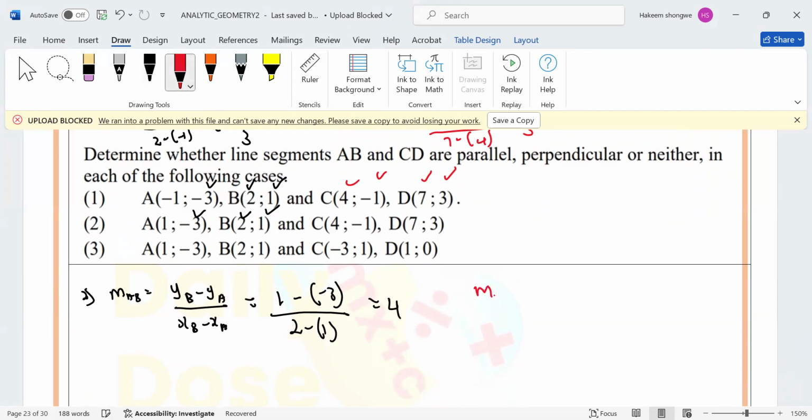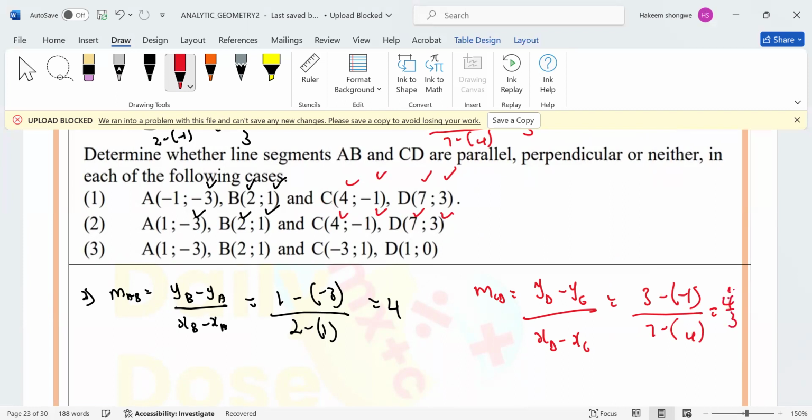Next, M of CD is going to be given by Y at D minus Y at C all over X at D minus X at C. Y at D, 3 minus open bracket, minus 1, close bracket, over 7 minus open bracket, 4. If you type this in your calculator, what you get? It's 4 all over 3. Now we can clearly see that 4 over 3 is not equal to 4. So they are not parallel. We know that one.